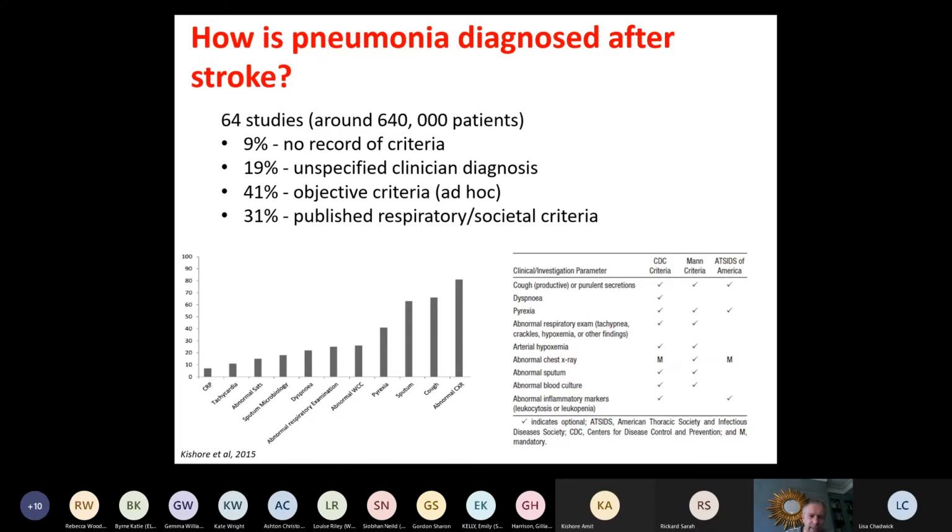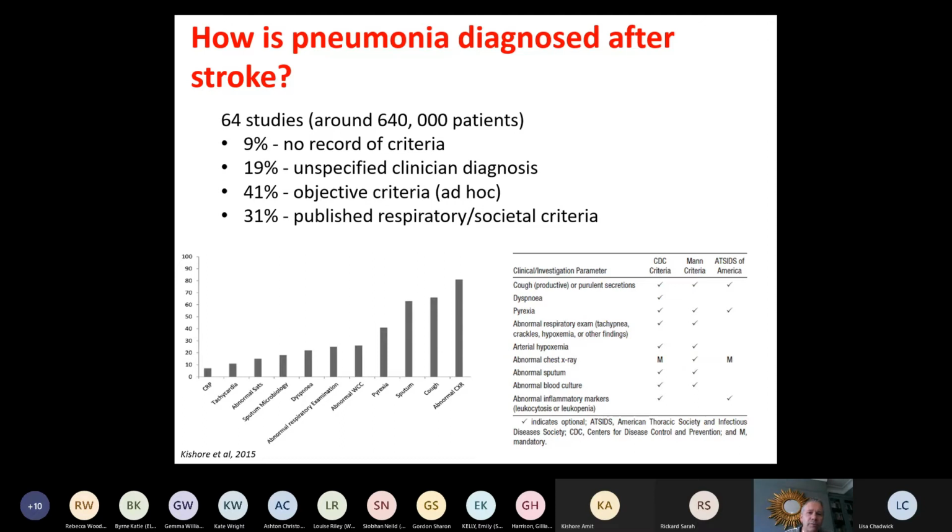The bottom left slide is a bar chart, and you can see that it's frequency on the y-axis, and on the x-axis there's a range of different parameters that could be used to diagnose pneumonia. And what we can see when Amit looked at all of the different factors that we used in the objective ad hoc criteria, it would appear that an abnormal chest x-ray, cough, sputum and pyrexia were the features that seemed to be most heavily relied upon.